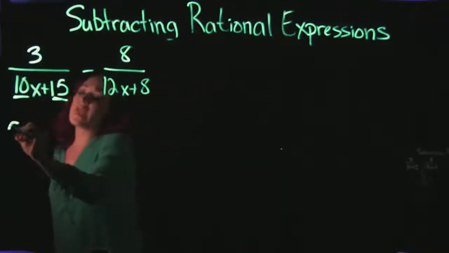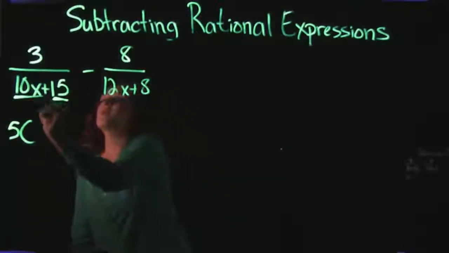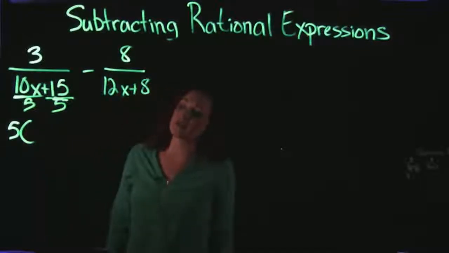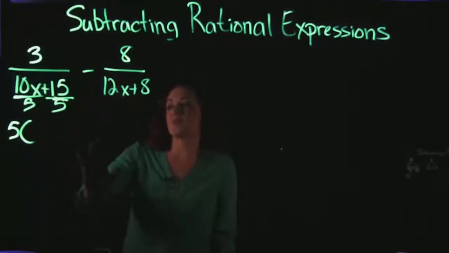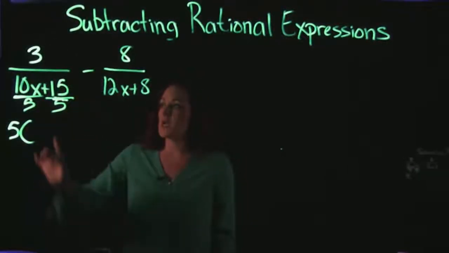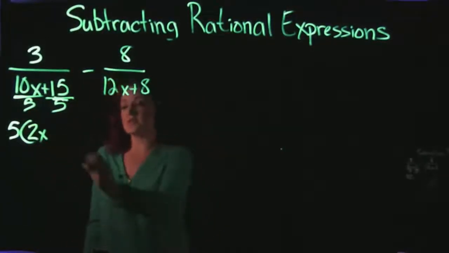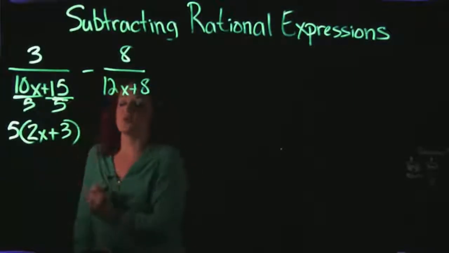That means we can factor out a 5, and remember that factoring out a greatest common factor is the same thing as dividing it out from the problem. We're just pulling that out to the front, and to figure out what we're left with, we divide it out. So 10 divided by 5 gives us 2, tack on the x with it, drop down the plus sign, and 15 divided by 5 is 3.